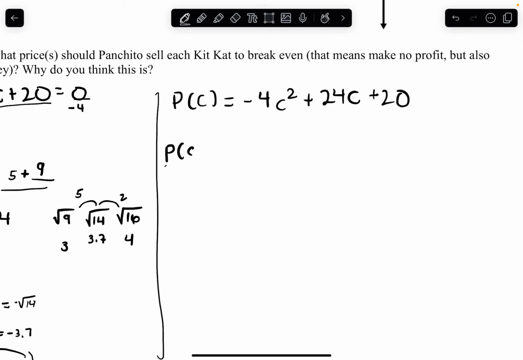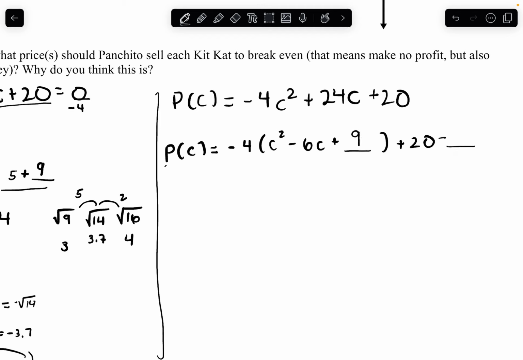So we have P of C is equal to -4. Remember, you just factor out the leading coefficient from the first 2 terms, not from all 3 of them. Okay, the number that would make this a perfect square trinomial is 9, because -6 divided by 2 is -3, and -3 squared is 9.